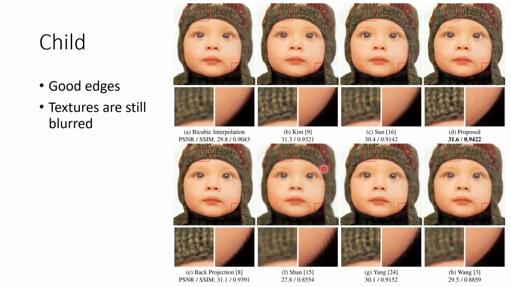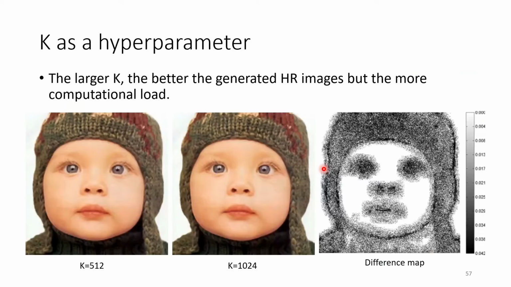So which is better? This one is better. If we evaluate the result by the PSNR and SSIM metrics, when the k is larger, the performance is better. It makes sense, since k means how you split your feature space into k clusters.